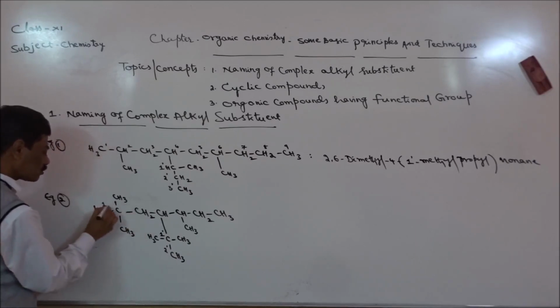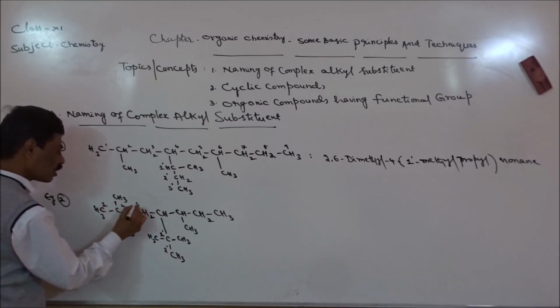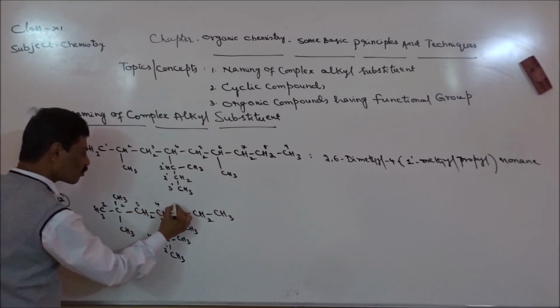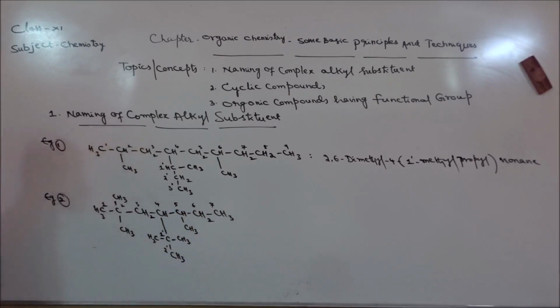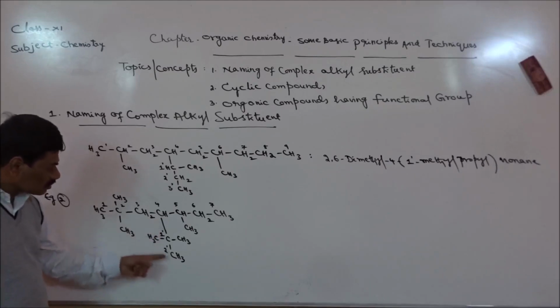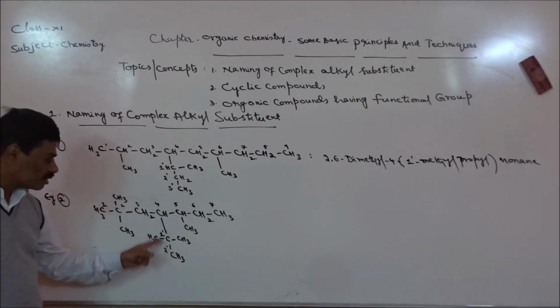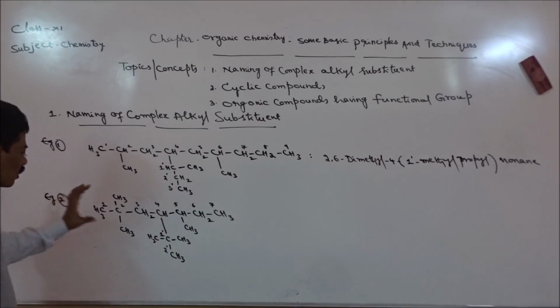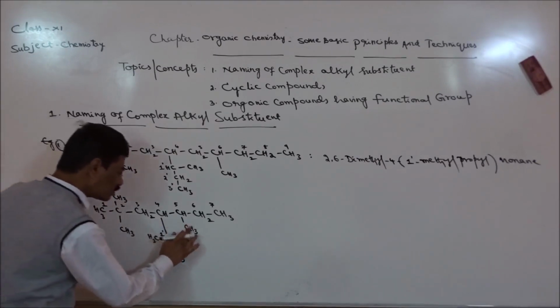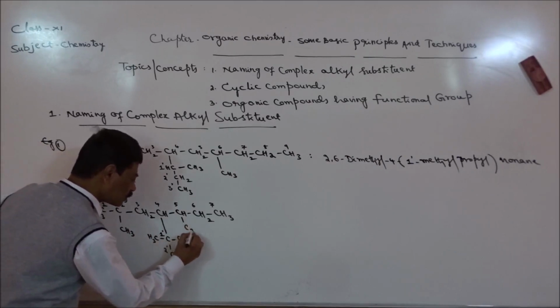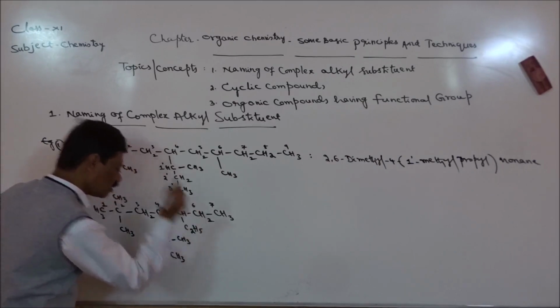So 1, 2, 3, 4, 5, 6, 7 carbon atoms. Right? Now its name should be written. Here, this is an ethyl derivative. Right? Now in this case, I will do one thing and make this ethyl, C2H5 instead of methyl. Yeah.